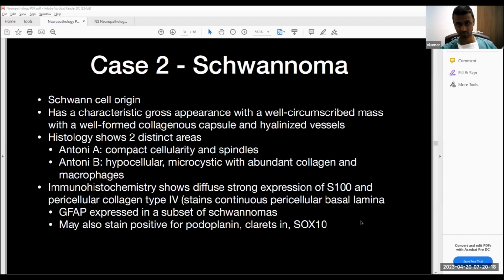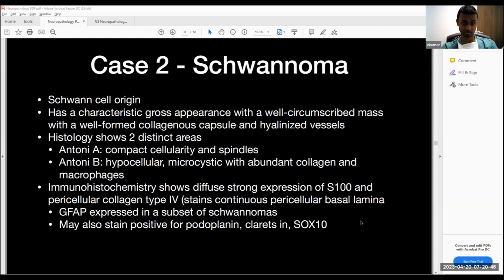So schwannomas, of course, arise from Schwann cells. Characteristically, they have this circumscribed mass with a well-formed collagen capsule and hyalinized vessels. And on histology, as we discussed, you have two distinct areas. You have the Antoni A areas, which are compact and hypercellular with these spindles, and Antoni B, which are more hypocellular, microcystic, with abundant collagen and macrophages.